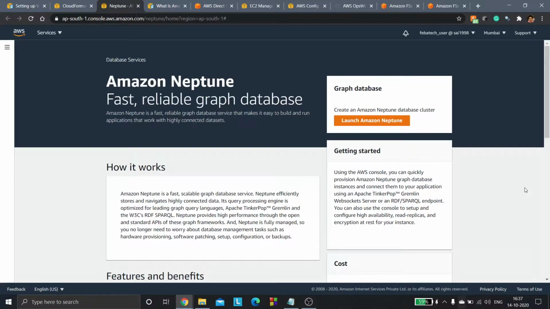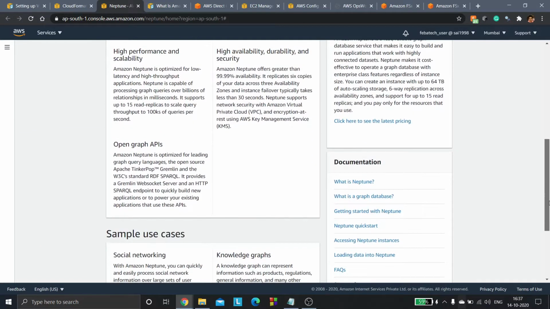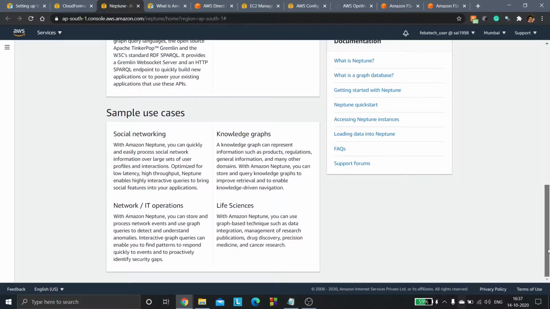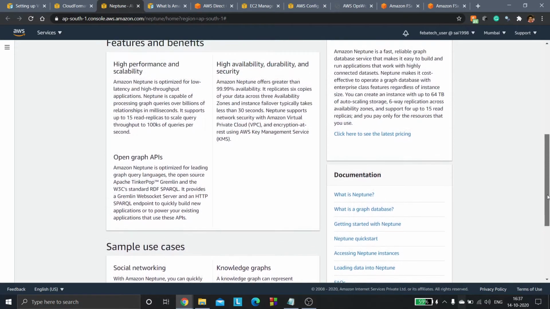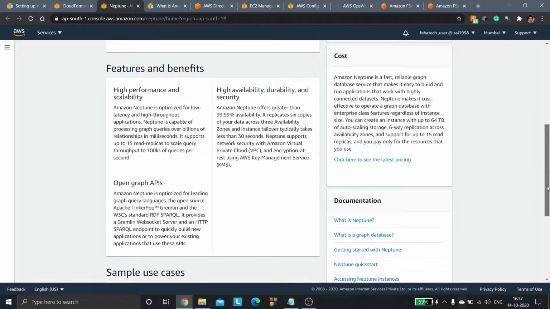Neptune supports popular graph query languages such as Apache TinkerPop Gremlin and SPARQL. Sample use cases are social networking and life sciences, etc. And it's fully managed and highly secure.